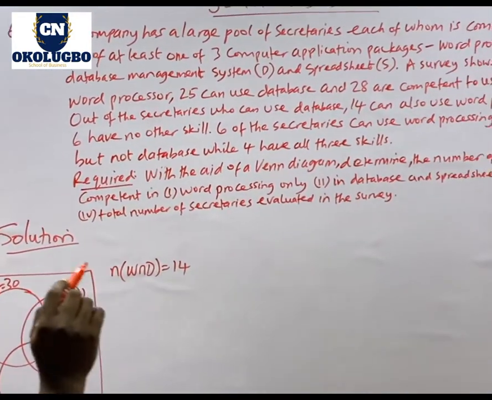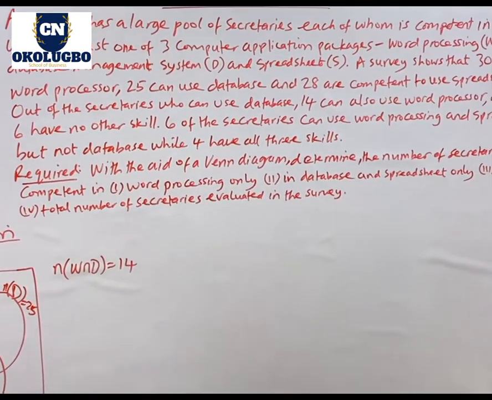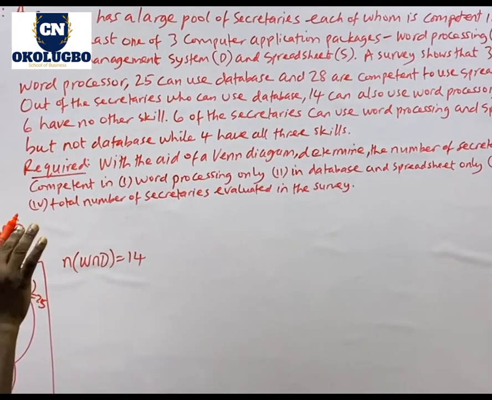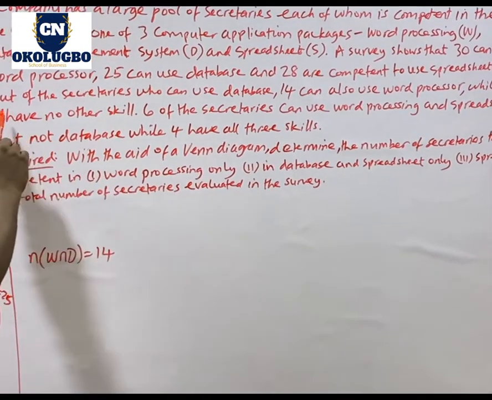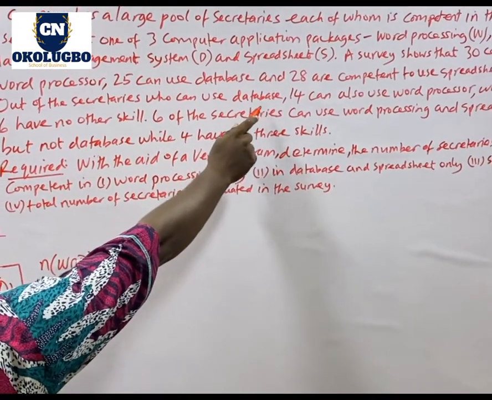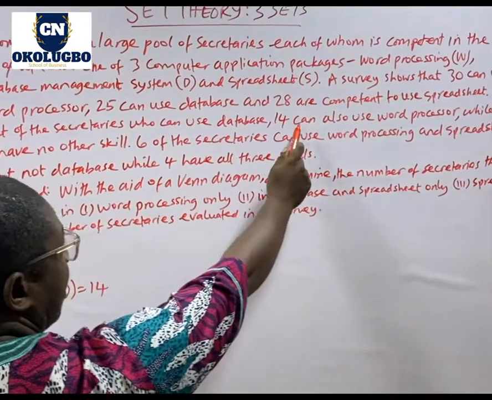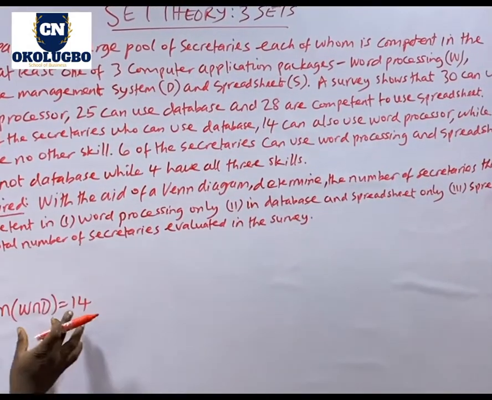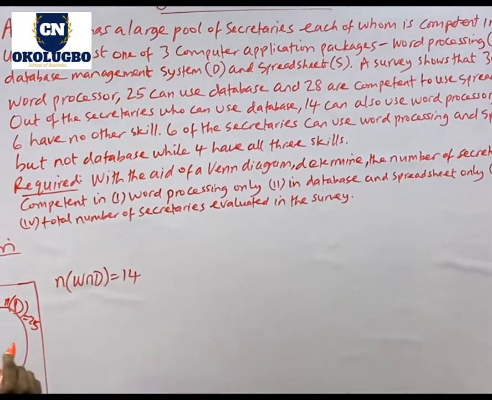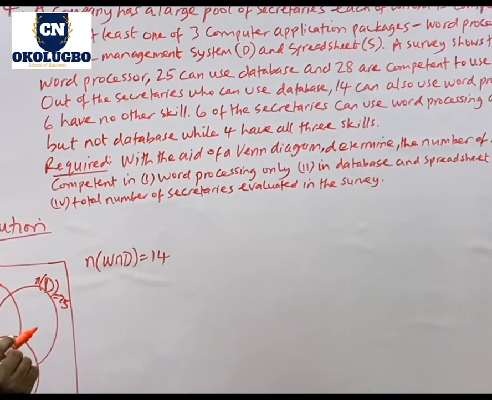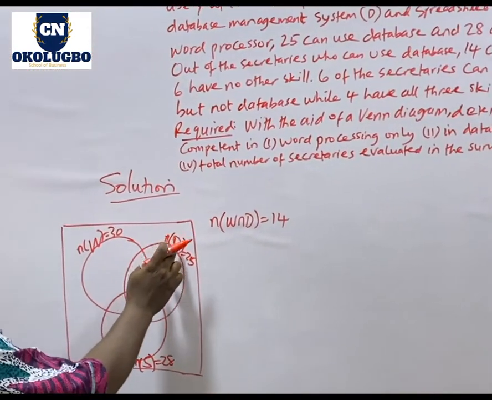And while 6 have no other skills. Let's go back to that. Out of the secretaries who can use database, 14 can also use word processor, we have this here, while 6 have no other skill. That means 6 only, database only.